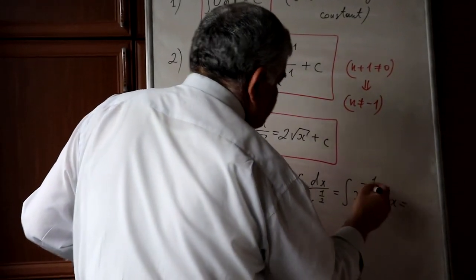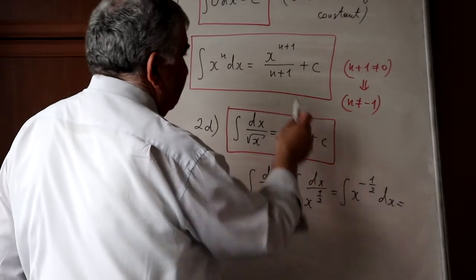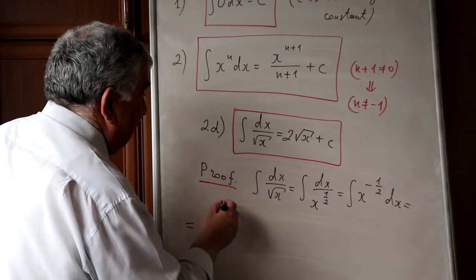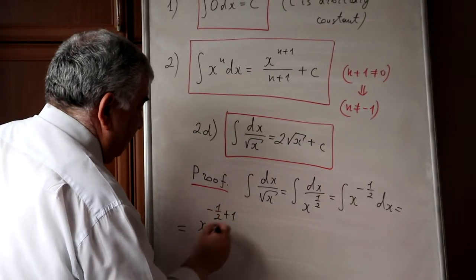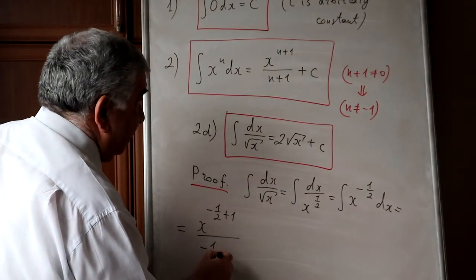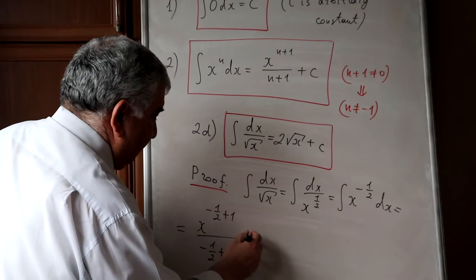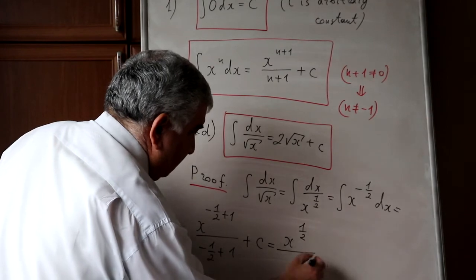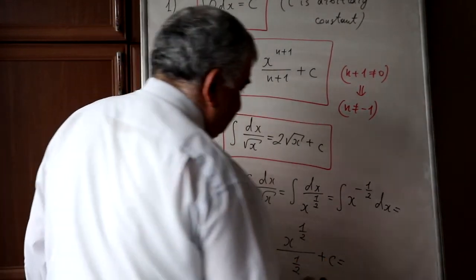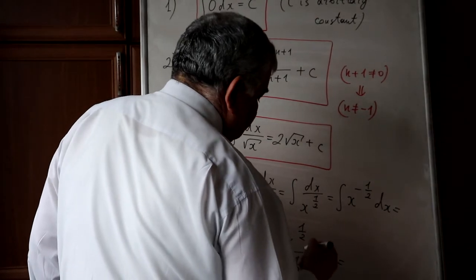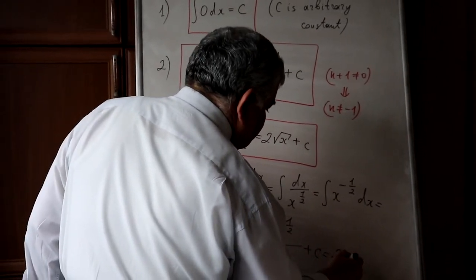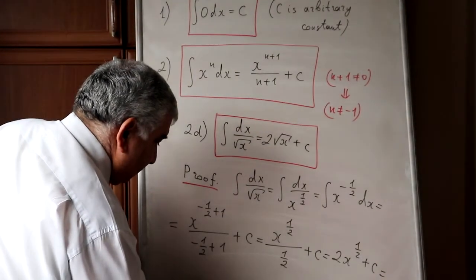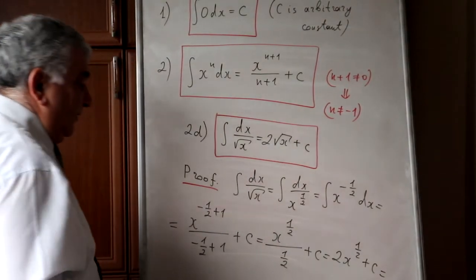Here n is equal to minus 1/2, and substitute it in this expression. x to the minus 1/2 plus 1 divided by minus 1/2 plus 1 plus c is equal to x to the 1/2 over 1/2 plus c, and in the final we will have 2x to the 1/2 plus c, or it is equal to 2 square root of x plus c. Then continue.